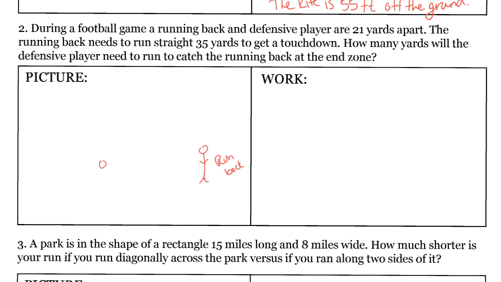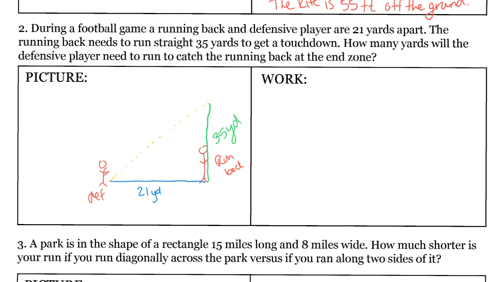And this is the defensive player. We know that they are 21 yards apart. And we know that the running back has to run straight 35 yards to get a touchdown. How many yards will the defensive player have to run to reach the end zone?